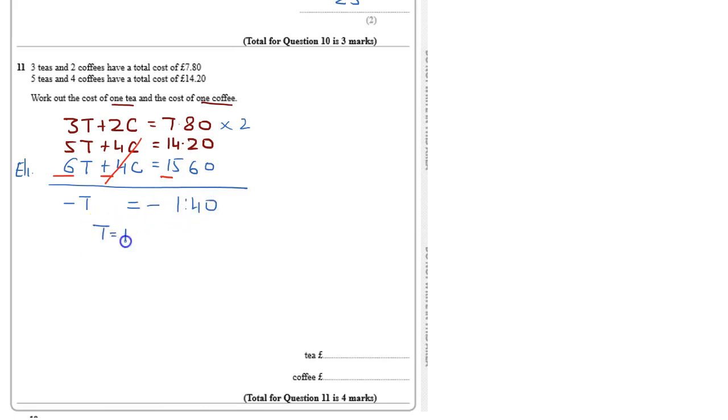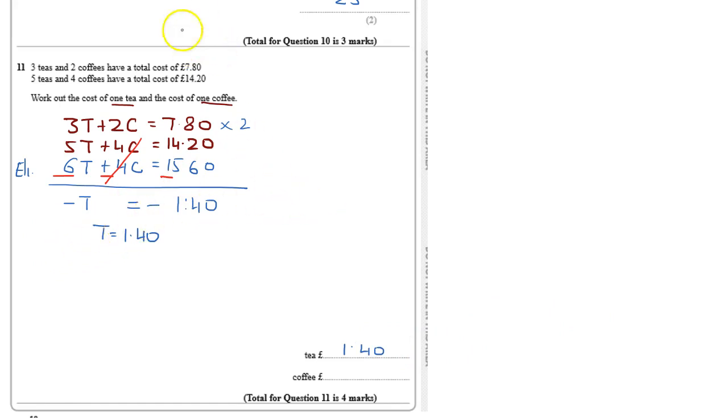So the cost of the tea is 1.40. That is the first thing.